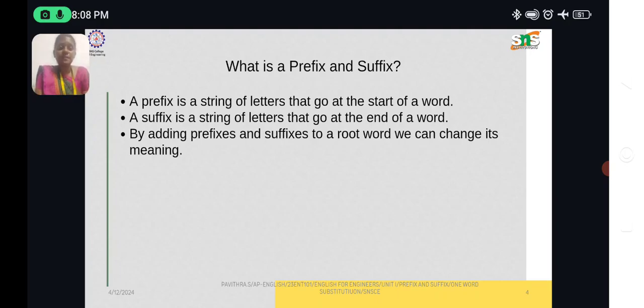By adding prefixes and suffixes to a root word we can change its meaning. For example, if slow is a root word, obviously we know the meaning of slow. If you add ly at the end of the word slow, it becomes slowly. That is what the suffix is.